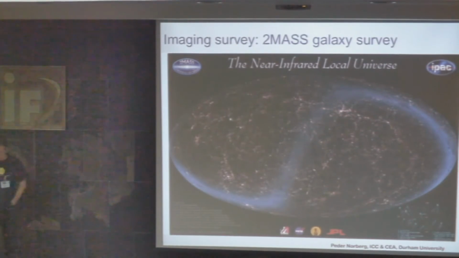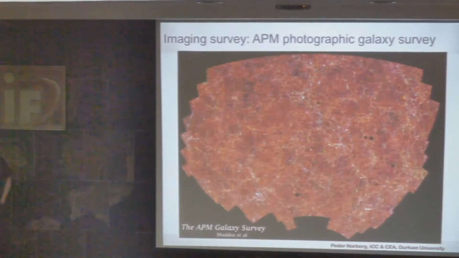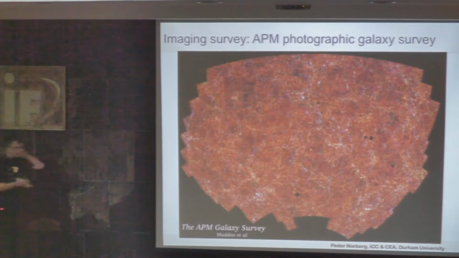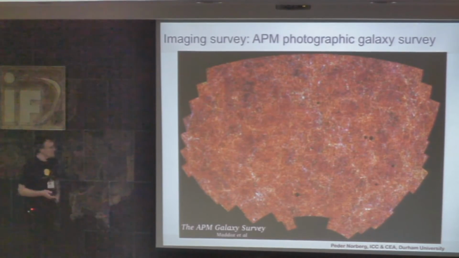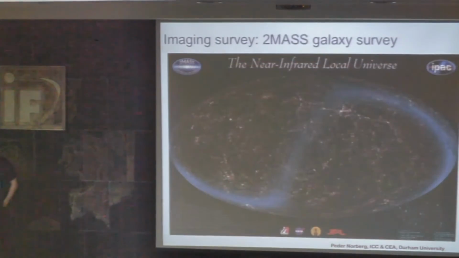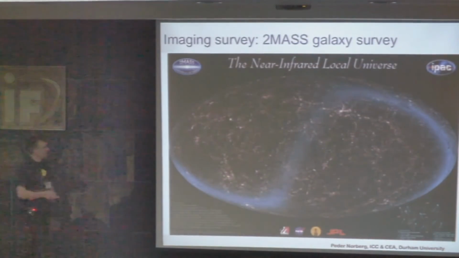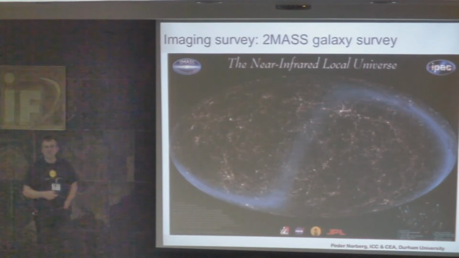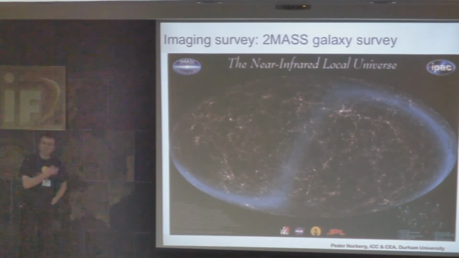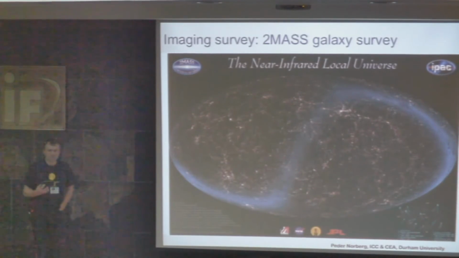The previous one was done in optical, in the B band. It's pretty much very star-forming galaxies, whereas this one is in the near-infrared K band, which is much more stellar mass oriented. So you probe different physics with different wavelengths.